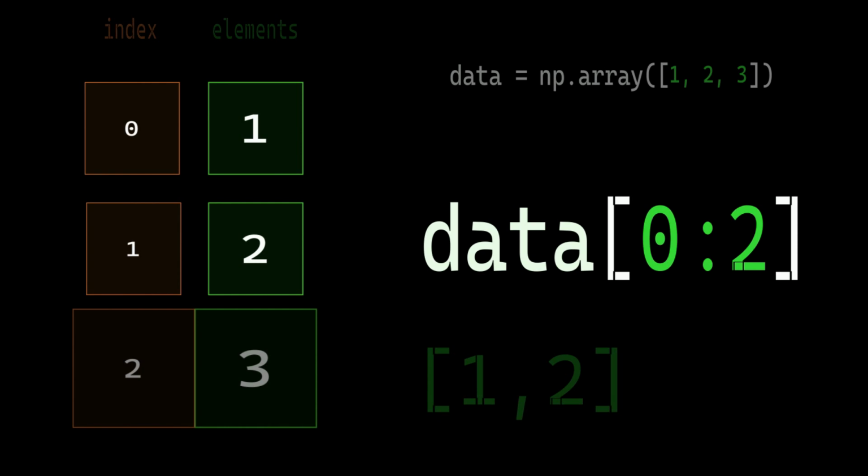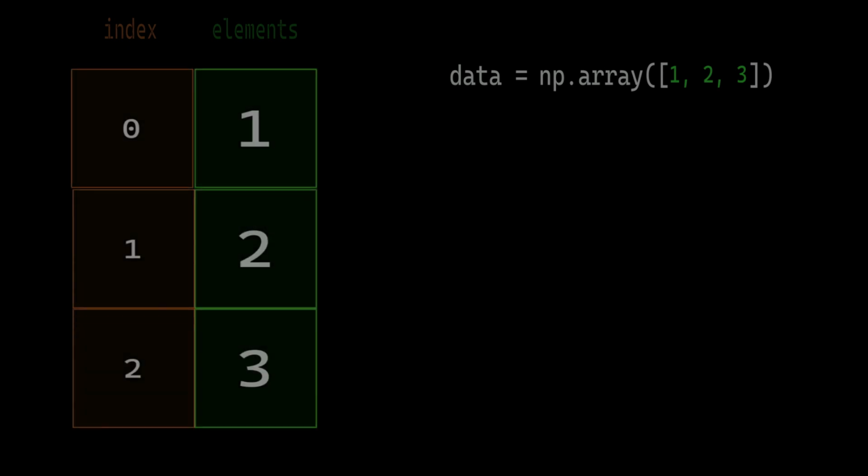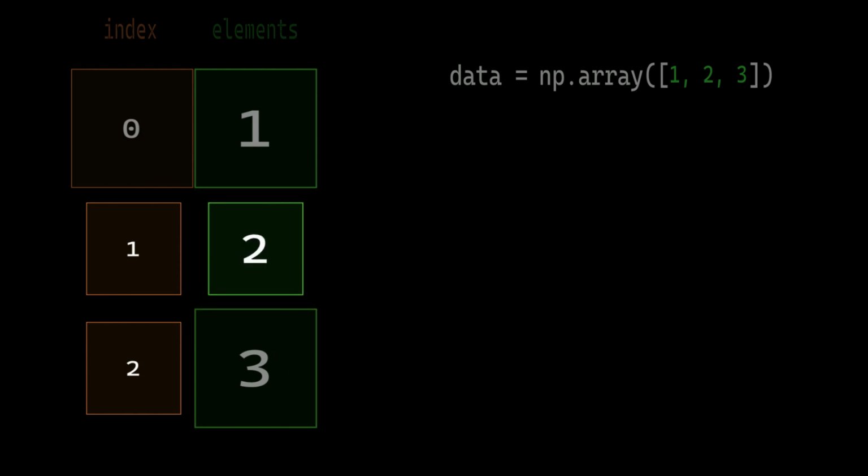Keep in mind that the ending index in slicing is exclusive, meaning that the element at the ending index itself is not included in the result. What about extracting all elements from index 1 to the end of the array, which is from 2 till 3?